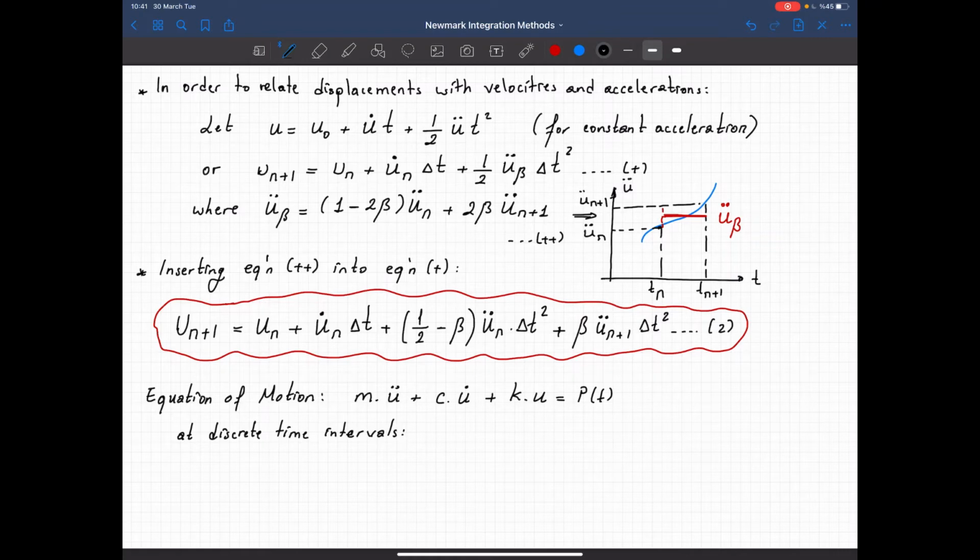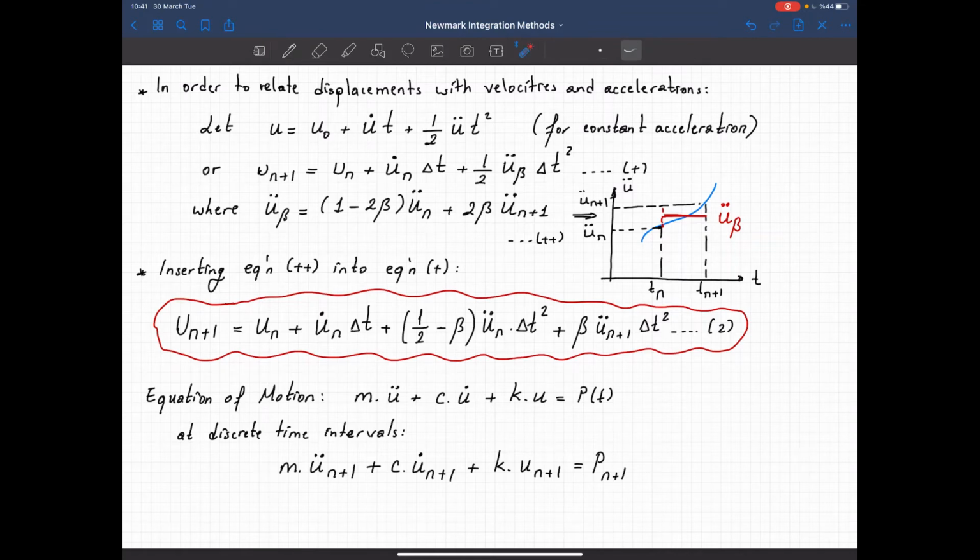we write the equation of motion as follows: m times u double dot n plus 1, plus c times u dot n plus 1, plus k times u n plus 1 should be equal to p n plus 1.